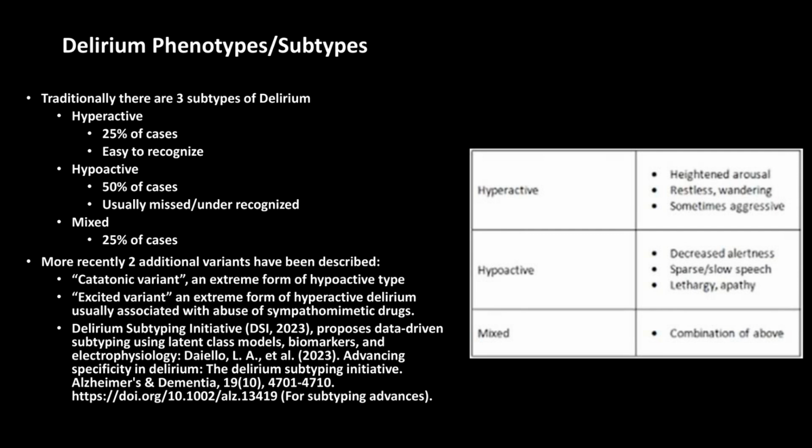This addresses heterogeneity and improves research and treatment targeting. While the classic motor subtypes remain clinically useful, recent evidence proposes biologically defined endotypes based on multimodal biomarkers. This means future classification may integrate physiology rather than behavior alone, helping us personalize treatment strategies.